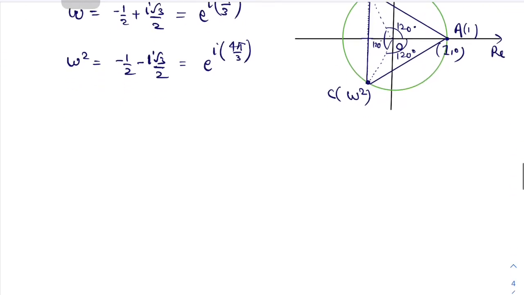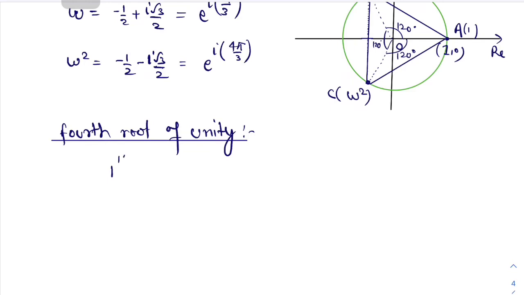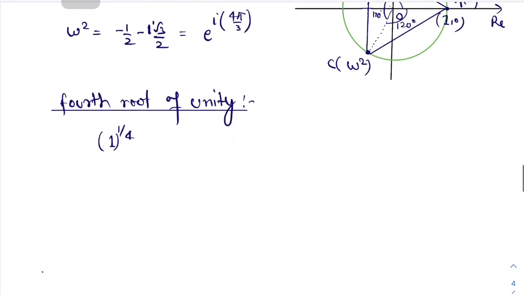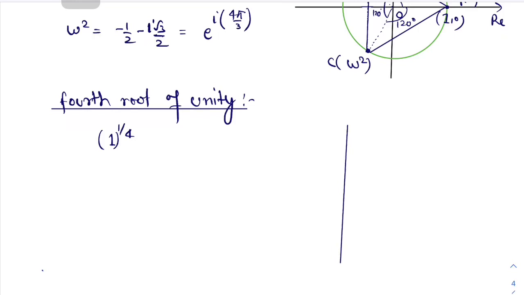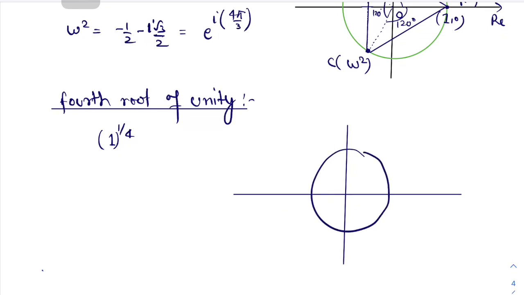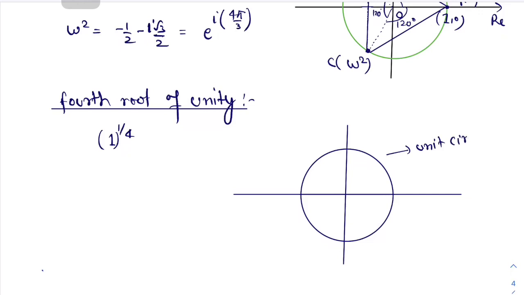It means if I try to locate the fourth root of unity, that is 1 to the power 1 by 4, we will have 4 such numbers, and all those roots will be on this unit circle only, and they must be separated by equal distance.